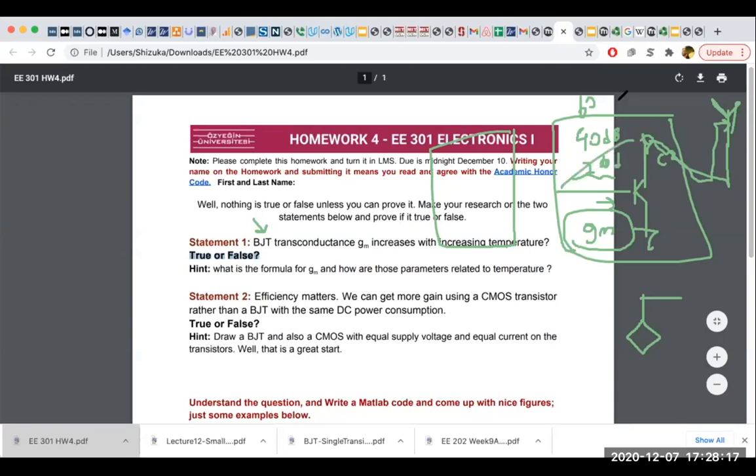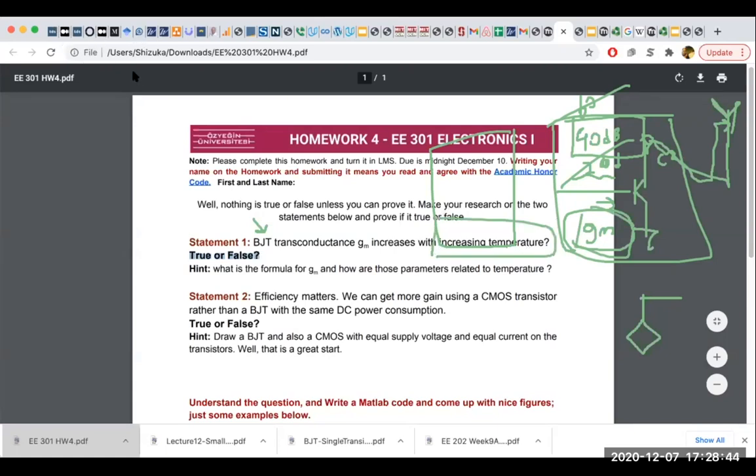At every temperature, we design our systems to have the same gain. So that's why RFIC is hard, because with different variations, you want a stable system. But the question is asking you, how does this GM change with different temperatures? It's a very fun question.